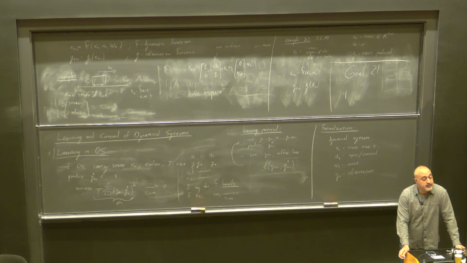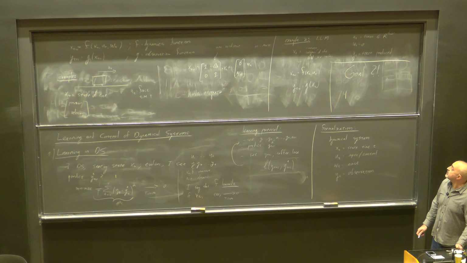Wait, I have a question. Please. So I thought that you use yt plus 1. In the LLM sense, yt plus 1 is the token. Also the ground truth. Well, in an LLM there is no u at all. That's why I was confused, because the LLM example has ut as the token.